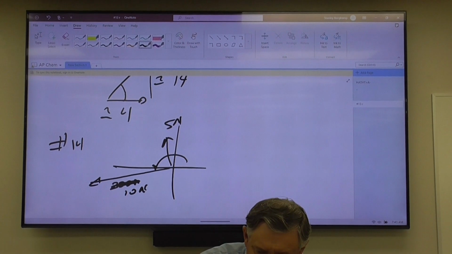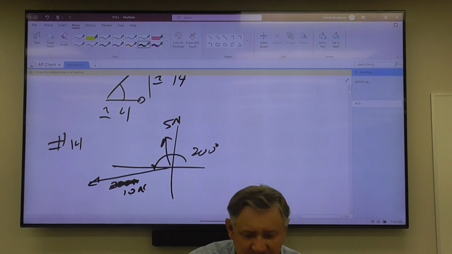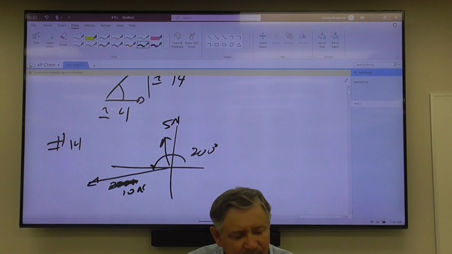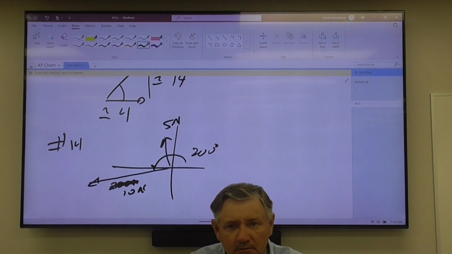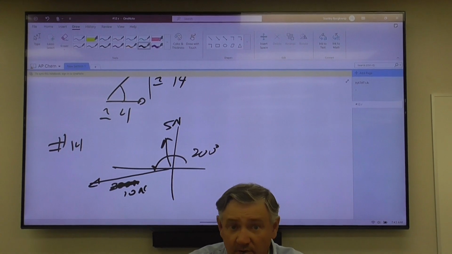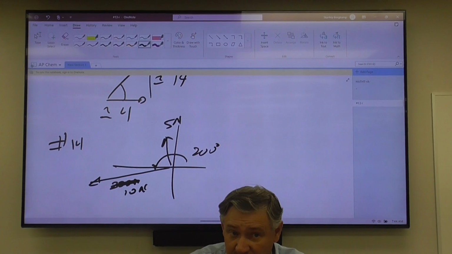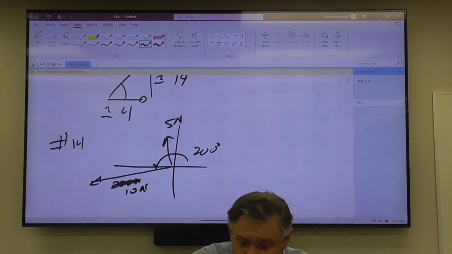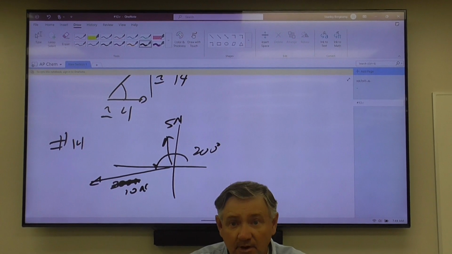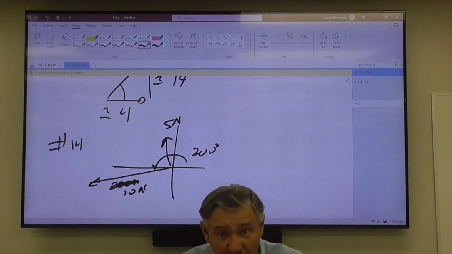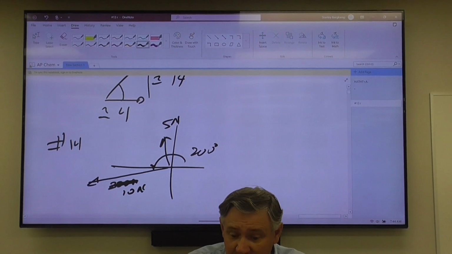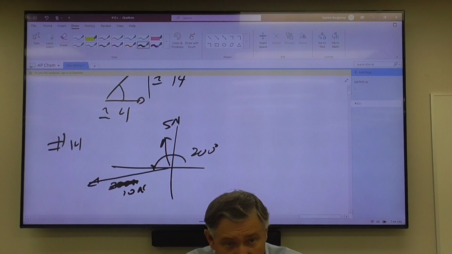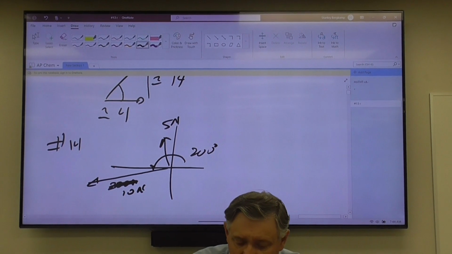But think this through. Start with this idea: what does your angle have to be between? 100 and 200. Closer to 200 or closer to 100? Closer to 200, because that's the bigger force. So right away, if your angle isn't within that parameter, you've done something wrong.